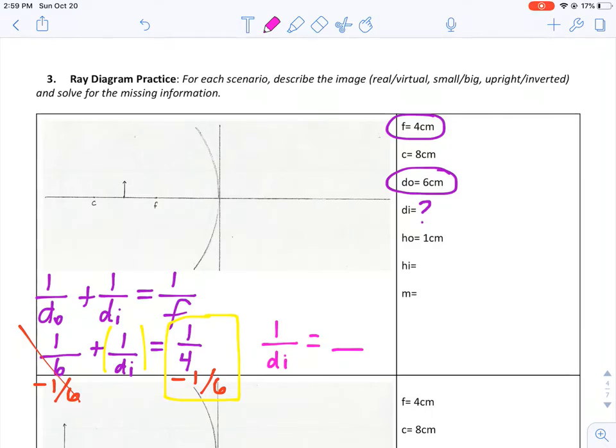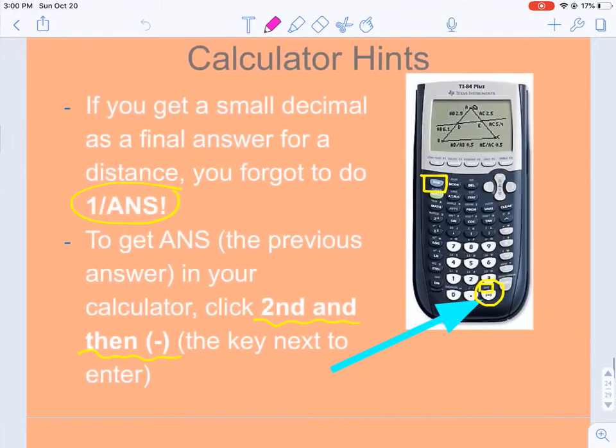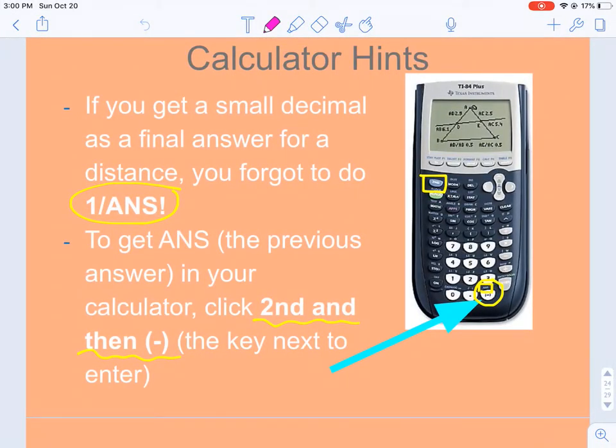So what we need to do is 1 divided by answer on your calculator. So you'll literally type in 1, then the divided by, then you're going to hit second, and then you're going to hit the minus sign. And it will show up like this.